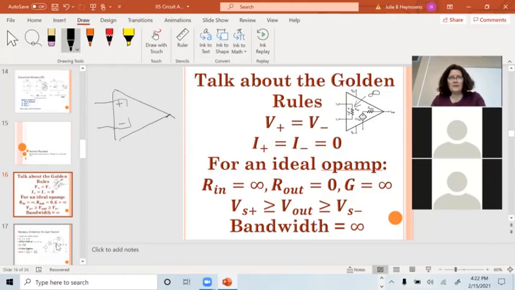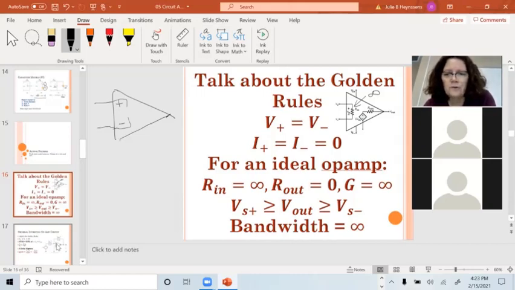Gigaohms is not uncommon. But if you really need a high input resistance, a teraohm is out there. So this is actually a pretty good approximation of reality. We'll talk about when it's not so good somewhat in 490.